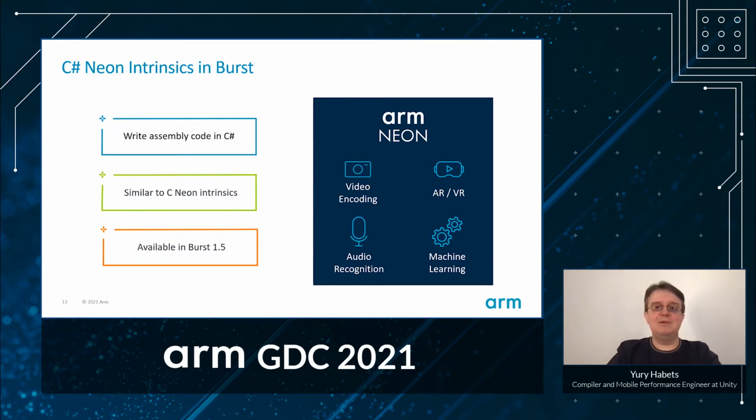The C# API is very similar to the C API for easier use. The ARM V8 intrinsics are available in Burst 1.5, released in spring 2021, so you are free to check it out right now. Support for more intrinsics, including the ARM V8.2 extension, will be released later this year. Okay, enough of theory. Now let's jump onto the practical part.